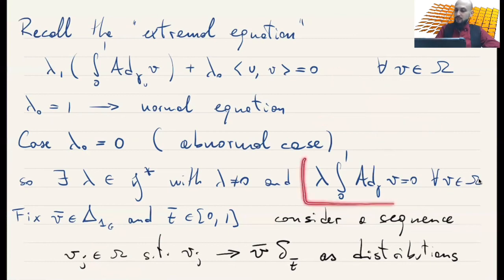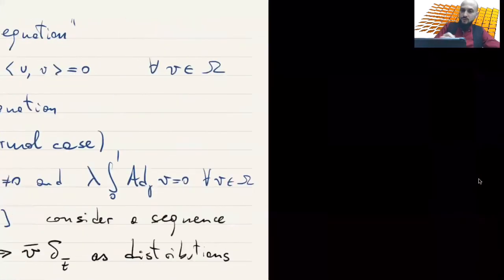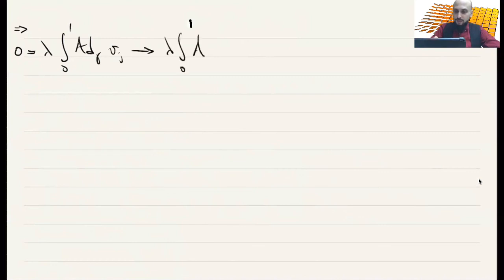Okay, so what happens to this equation? Let's rewrite it. We have 0 is equal to lambda integral from 0 to 1 of add gamma vj, and this will converge to lambda integral from 0 to 1 of add gamma v bar delta at t bar. So t bar is fixed.